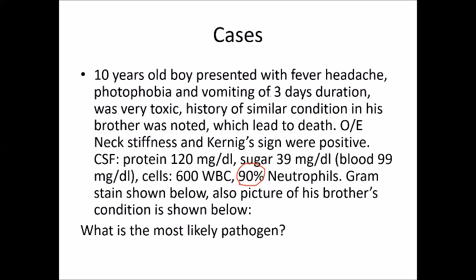So here we have a clear clinical picture of meningitis, proved by CSF, with a purple rash and gram-negative diplococci. So this is a clear case of meningococcal meningitis, which is highly infectious.